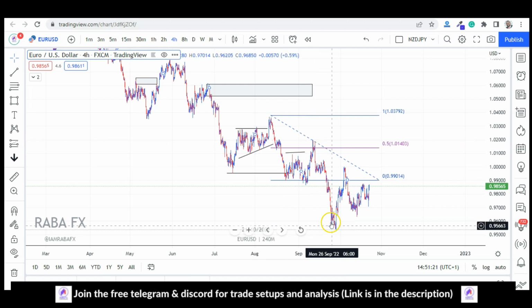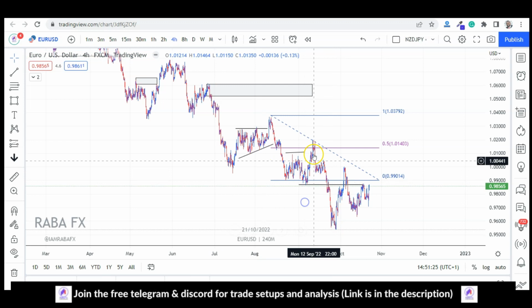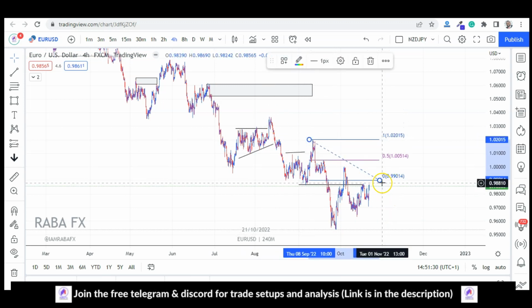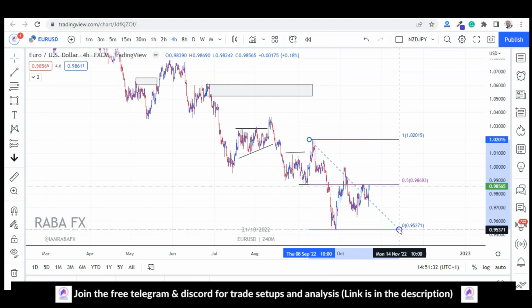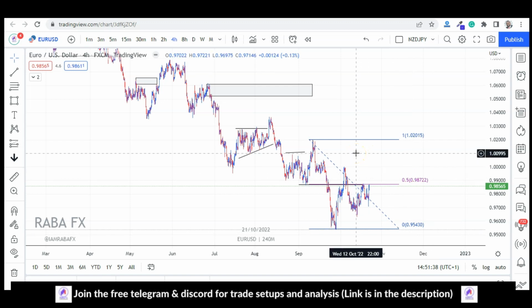Then from here, it broke structure. So we have another break of structure here currently, and then you adjust your Fibonacci here. I am not using Fibonacci to make trades, okay, just to help me figure out which high is the true lower low, lower high, or higher high, and the rest of that.